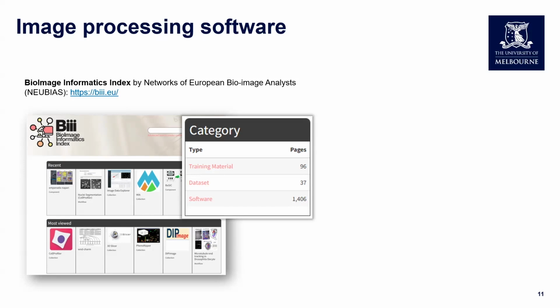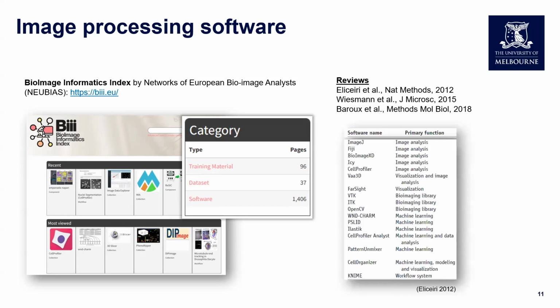This is helpful for finding specific tools, though it can be really overwhelming if you are new to this field. There are a couple of useful review papers, but for most people starting out, I recommend Fiji, which is built on ImageJ, the most widely used open source platform, where it also gives you access to hundreds of plugins.